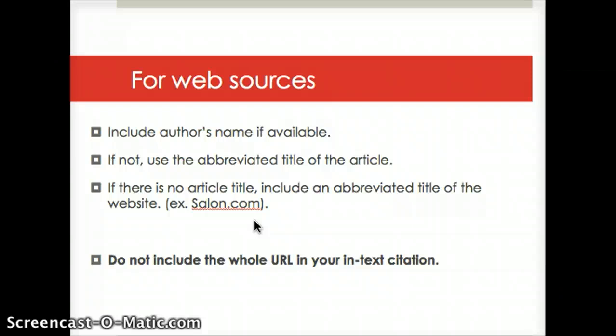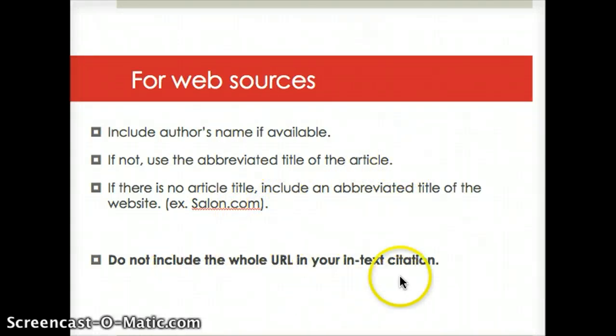And the best one is, again, to have an actual author of the information that you're using. For credible sources, usually there's an author. Sometimes if it's a government document or something like that, there's no one author. So you would just cite the abbreviation of the article's name or the website itself.